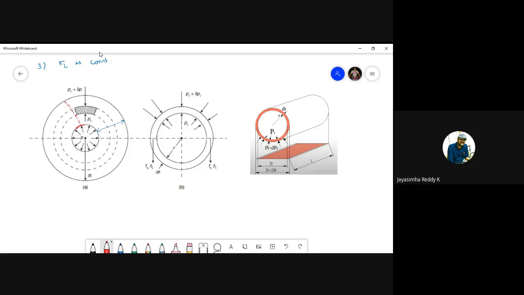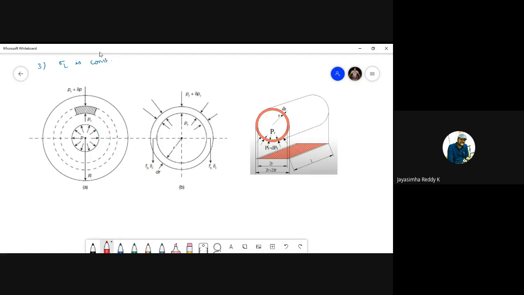But the material offers some stress to withstand this internal pressure. That is the property of the material. It offers some resistance to withstand the pressure that is applied. So that will be applied like this, and here it will be more, and meanwhile it will go down like this.